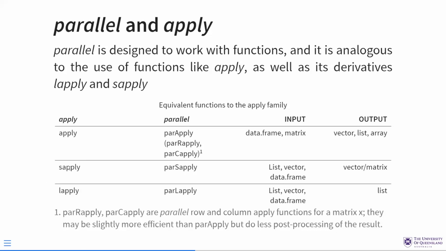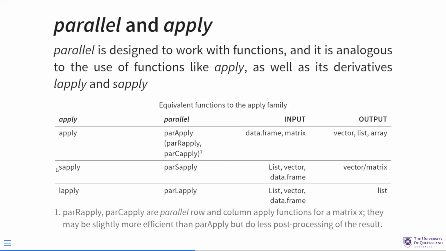The sapply has its own equivalent in parSapply, and lapply will have parLapply. The difference between those three is the same as in the apply function. So you have different types of inputs and different types of outputs depending on which one you use.